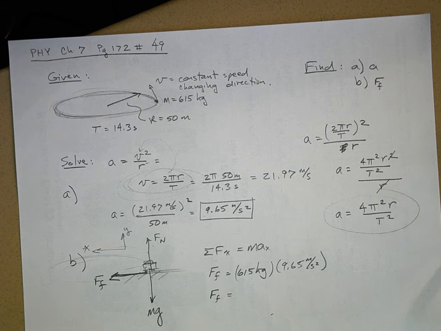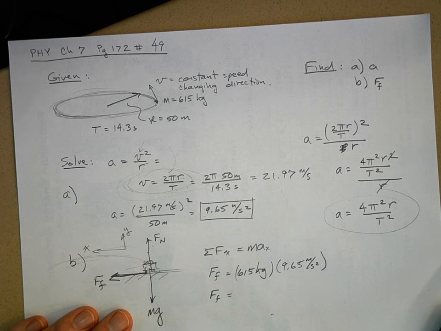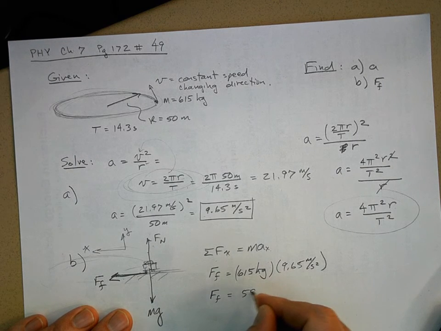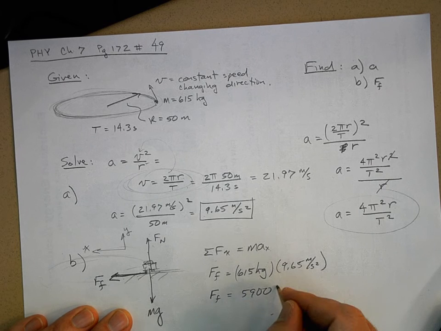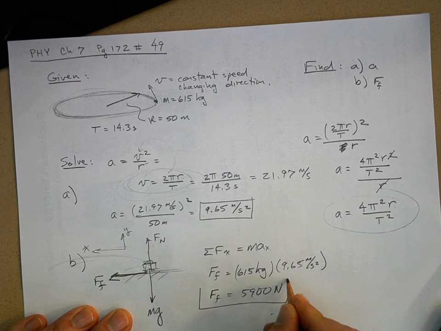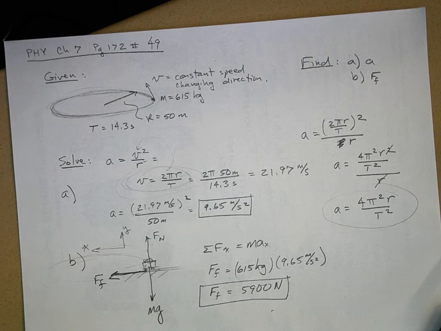And you get 5,934. I'm just going to round it off to 5,900 newtons. So that's the force of friction acting on your car that's making you go in a circle. That's a pretty big force. It's a big car. It's moving fast. It's going around in a circle. You're going to need a lot of force to do that.